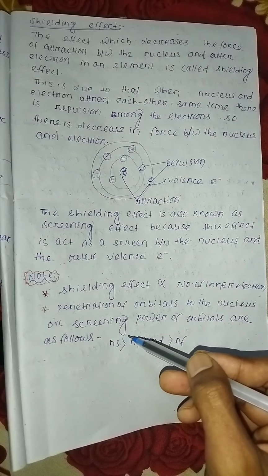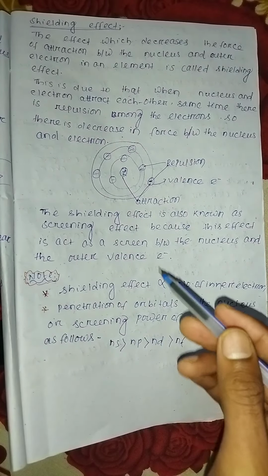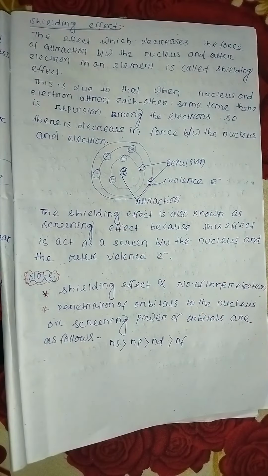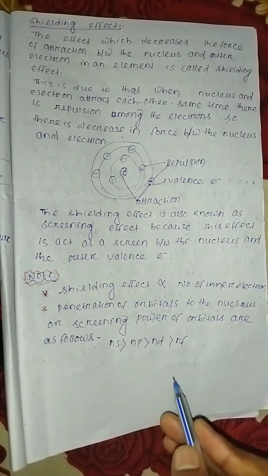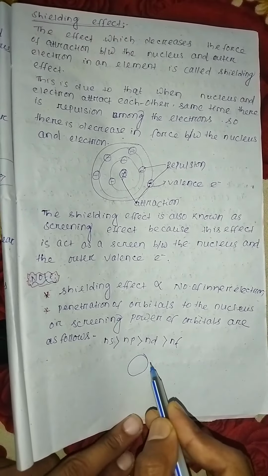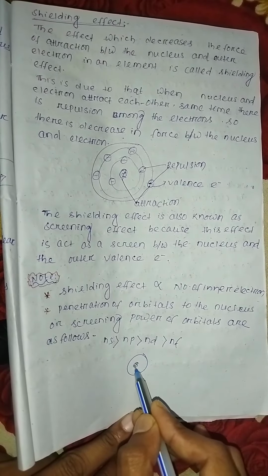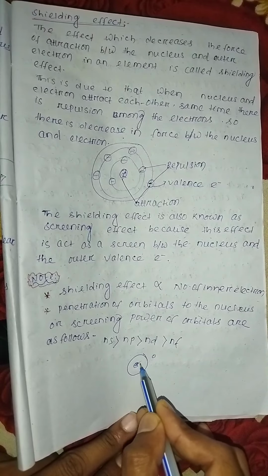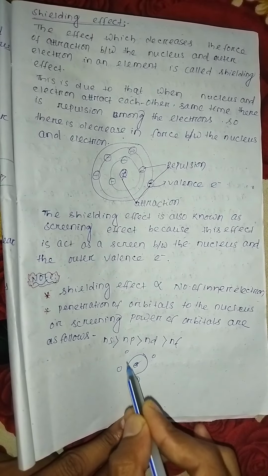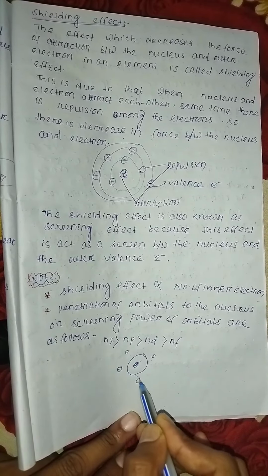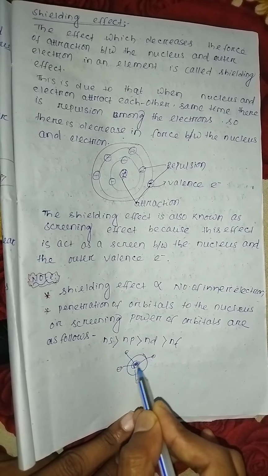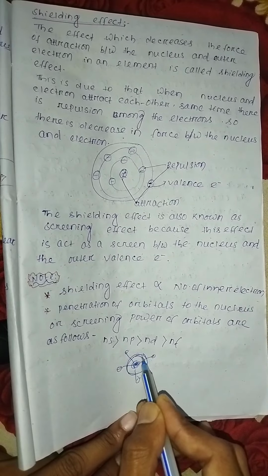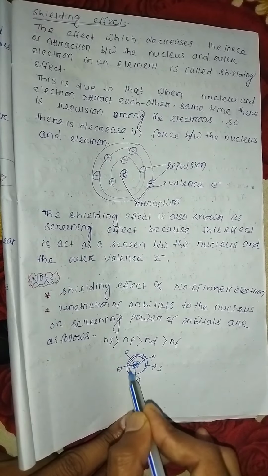Because the s orbital is spherical, it covers and screens all around. The positive charge attraction of the nucleus on the outermost electron is shielded from all sides because the s subshell is spherical.